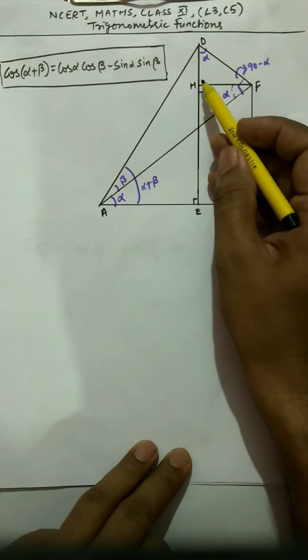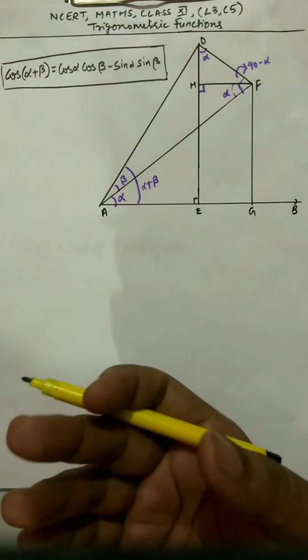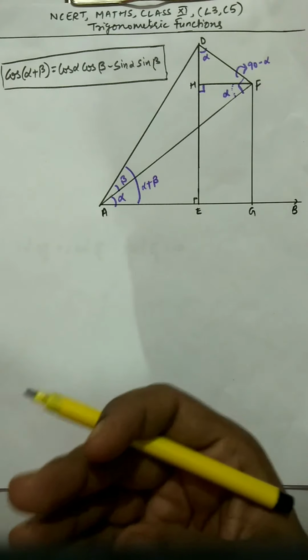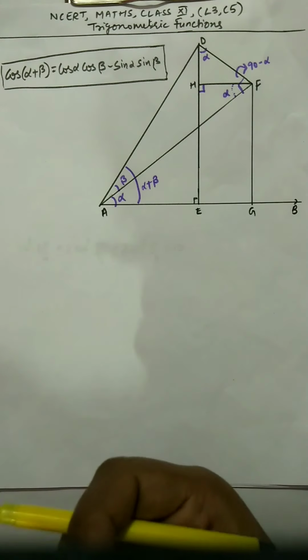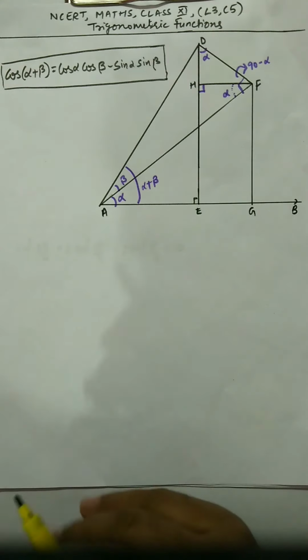You can see this angle will be 90 degrees. So with the help of these three right angle triangles, we are going to derive this formula. You must see how the formula comes. You may not remember the derivation, that's okay, but you will have some understanding that this formula was derived this way.